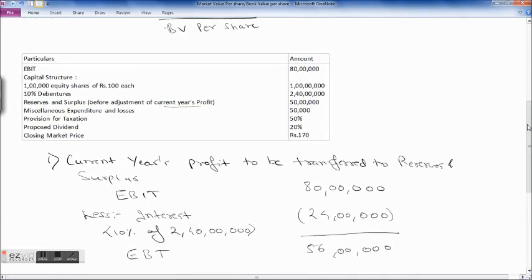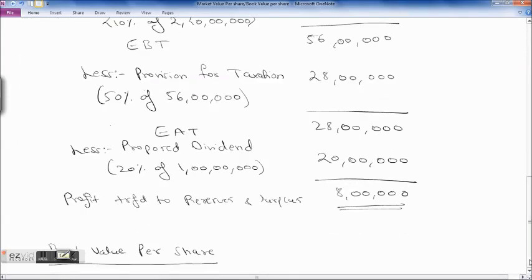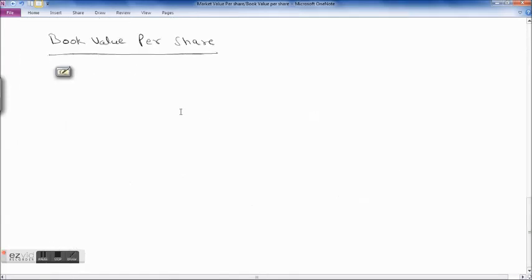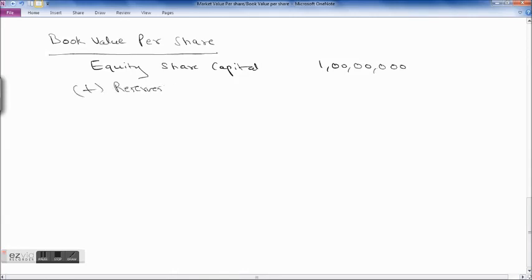Equity share capital is 1 crore. Plus you have to add reserves and surplus.